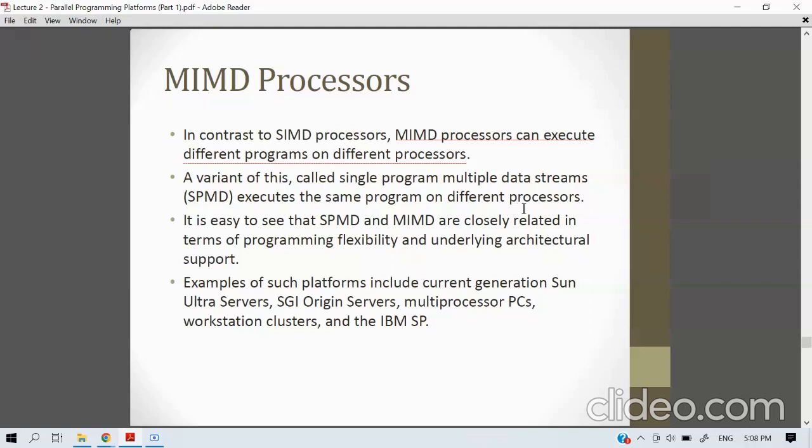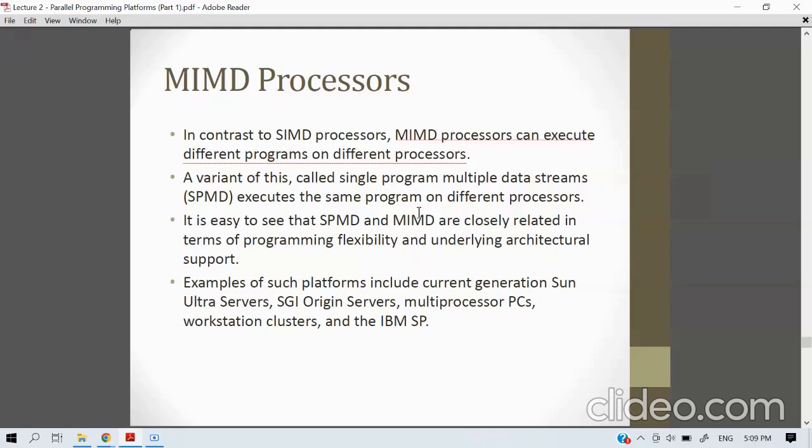It has more than one processor. So it is easy to see that SPMD and MIMD are closely related in terms of programming flexibility and underlying architectural support. Both SPMD and MIMD can work together or have a similar kind of execution.